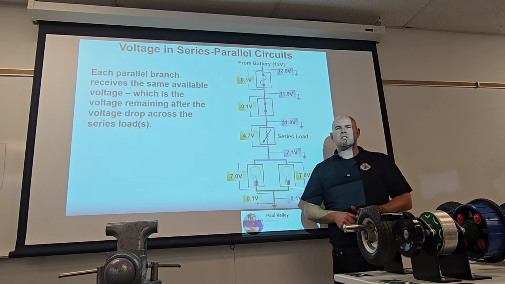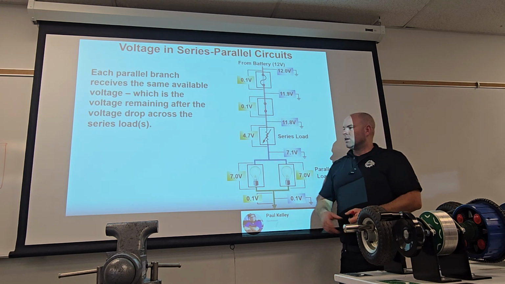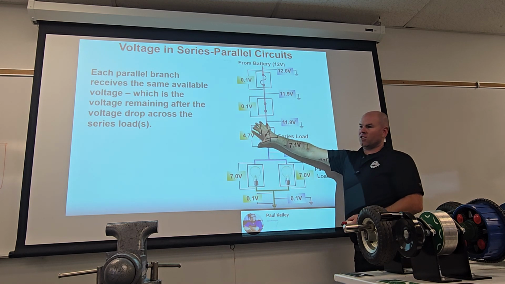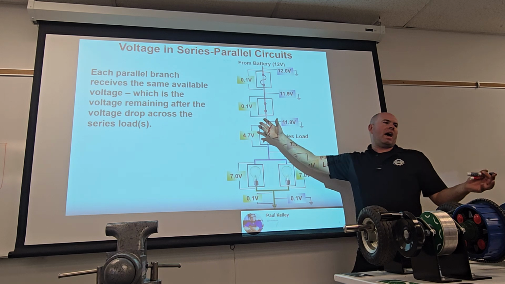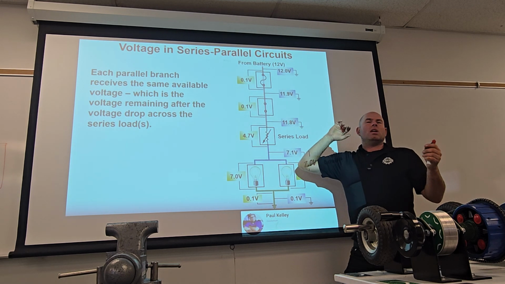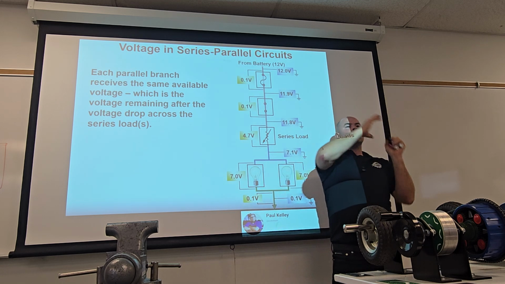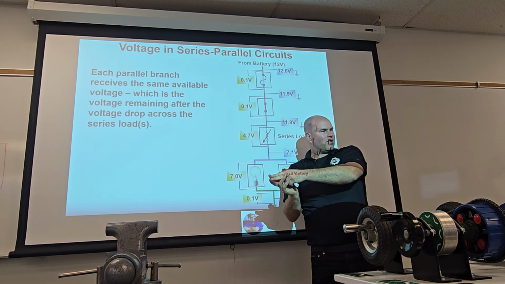So the variable resistor does exactly that. It varies the resistance. So if you were to turn the variable resistor all the way down, it should drop very little. So all the way down, maybe it drops a half a volt. Exactly. It's almost like it's not open or closed, but it's almost like very little resistance or a lot of resistance. It's kind of funny if you think about it.